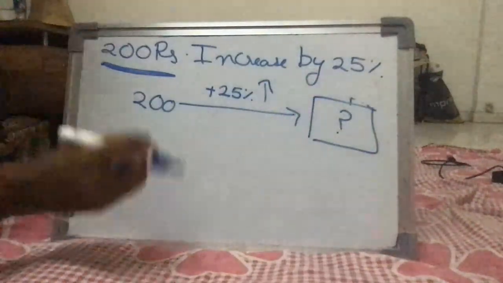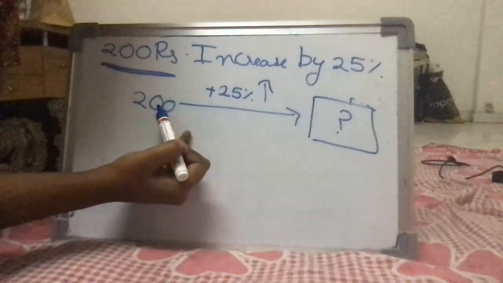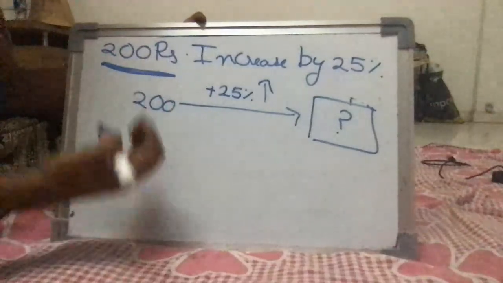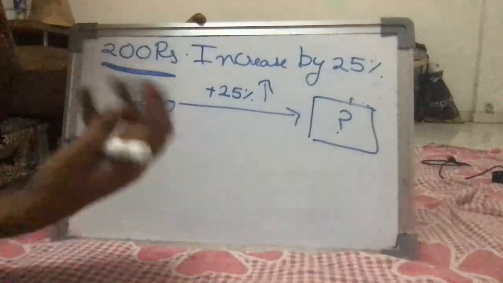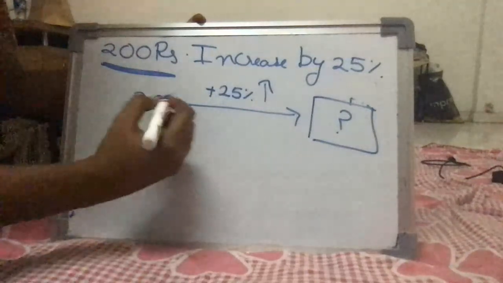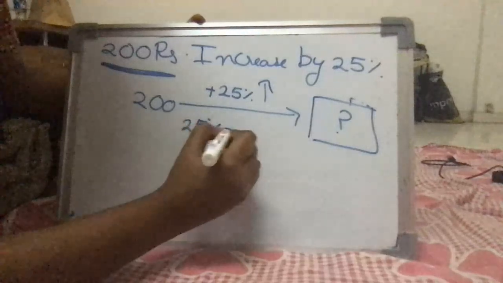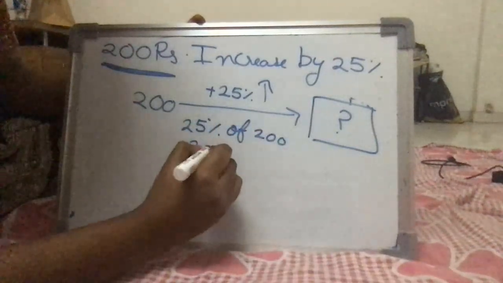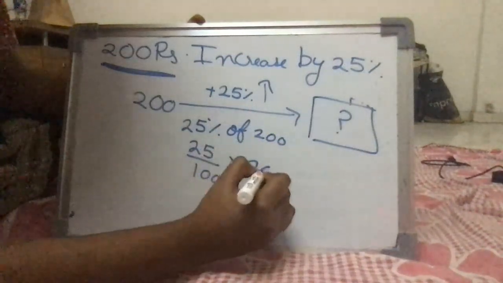Now, for this problem, this 25% is increasing from this 200. So I am going to find out how much amount is increasing. If this is 200, what is 25% of 200? It is 25 upon 100 of, means multiplication, into 200.